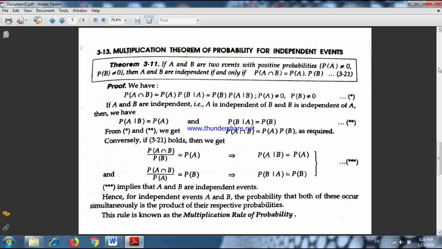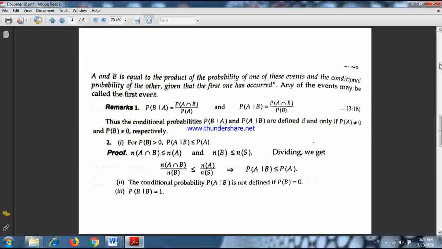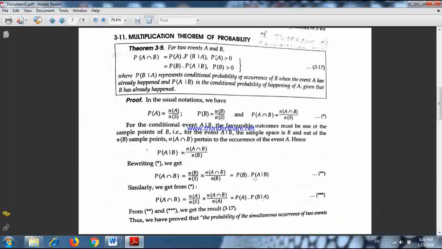Now one interesting thing is that if A and B are independent, then what happens? If the events are independent, then the conditional probability becomes equal to the unconditional probability. So P(B given A) becomes equal to P(B), and P(A given B) becomes equal to P(A).